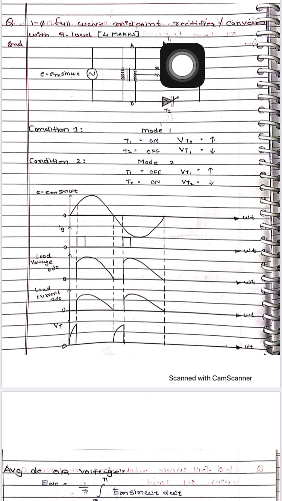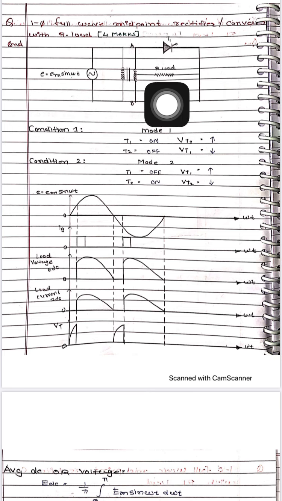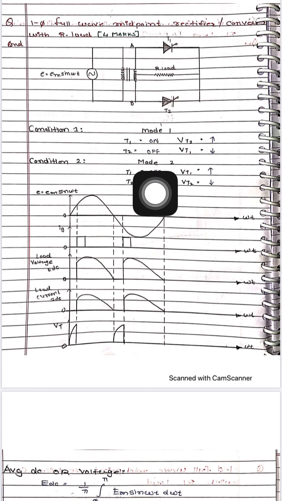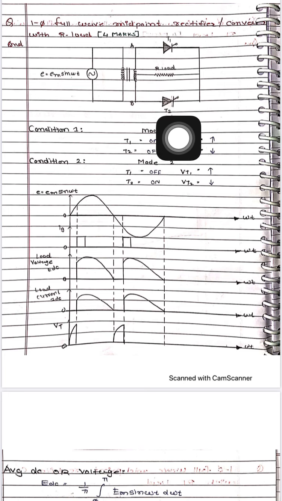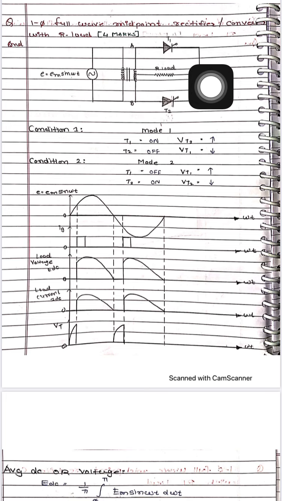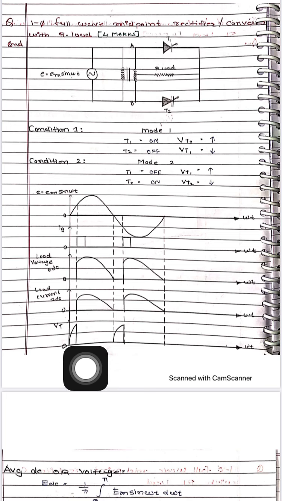Now the voltage across T1, what will happen in mode 1? In mode 1, T1 is on and T2 is off. When T2 is off, no current flows through it, so the voltage which appears across T2 is maximum. What about VT1? From 0 to 30, no current flows through this thyristor, so it will be maximum.